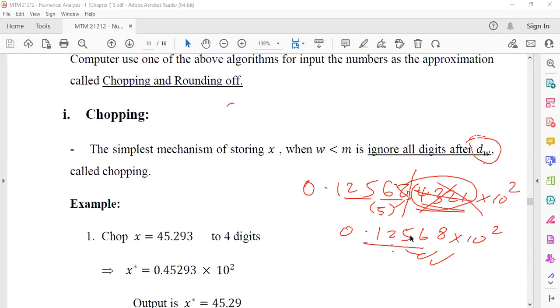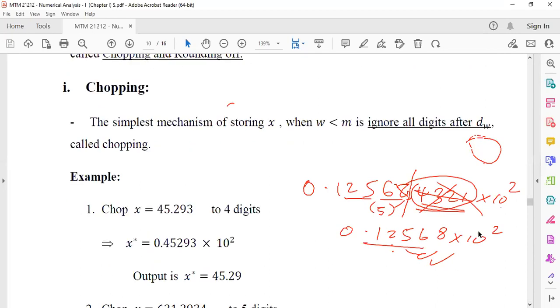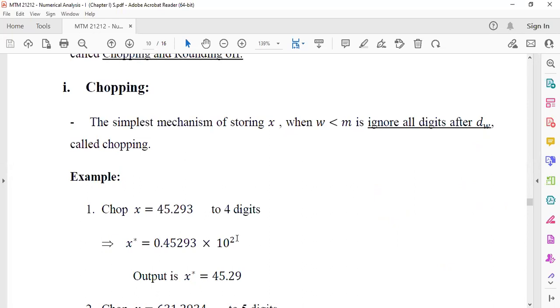So let's see one example. Check this example and see whether you understand it.